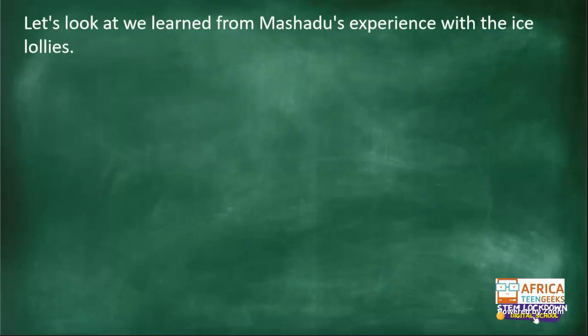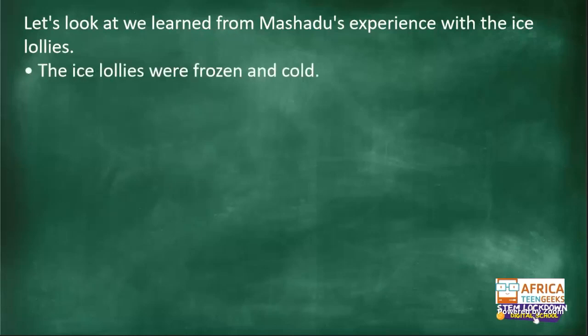Now let's quickly look at what we learned from Mashado's experience with the ice lollies. The ice lollies were frozen and cold. Now I know this is easy for you guys, but I am building a foundation for us because we will go to different states of matter tomorrow, and it's not as easy as this, okay?